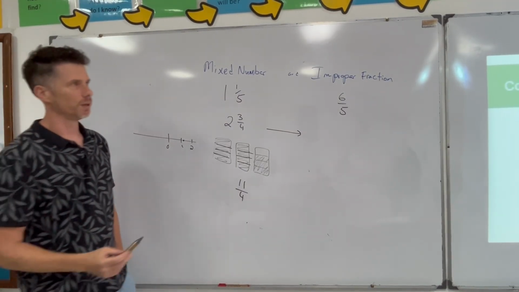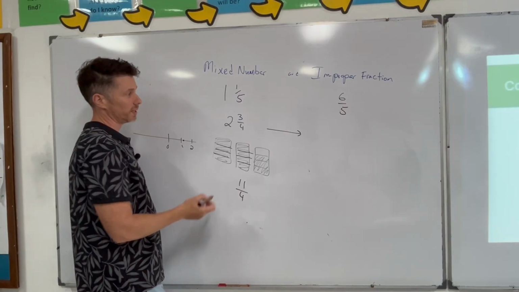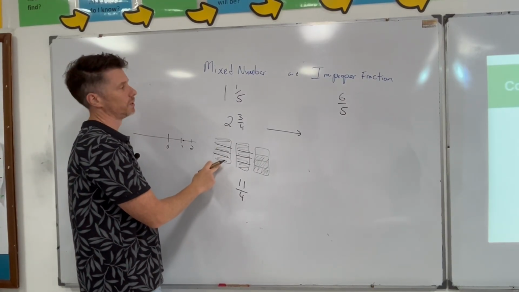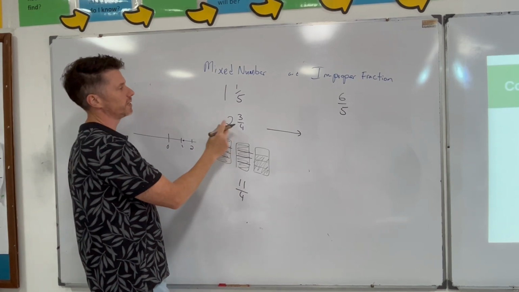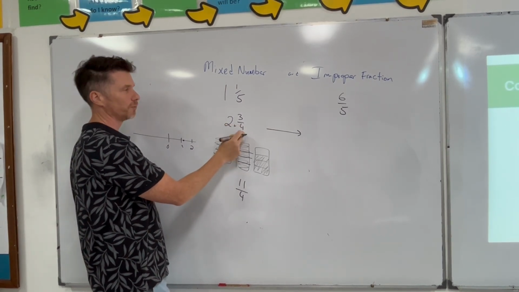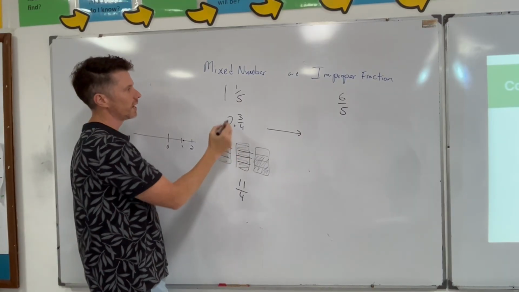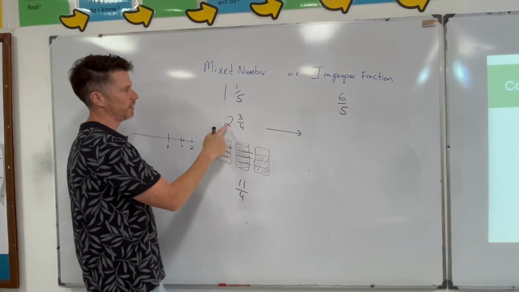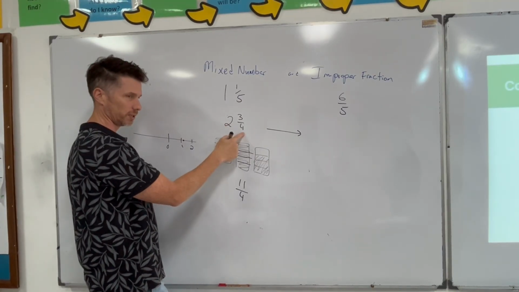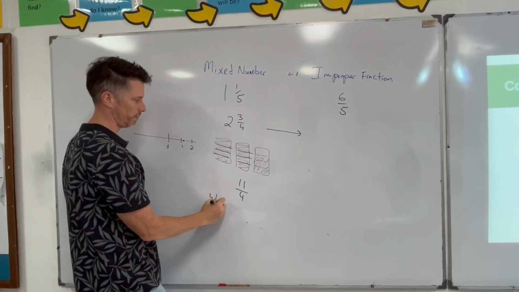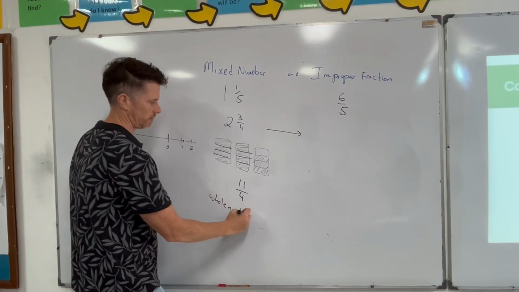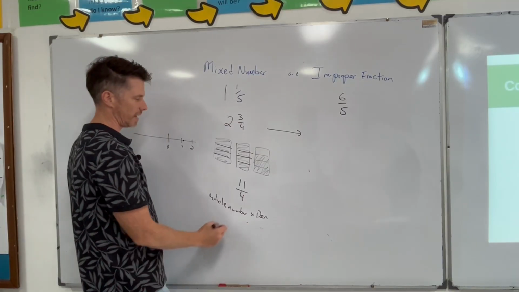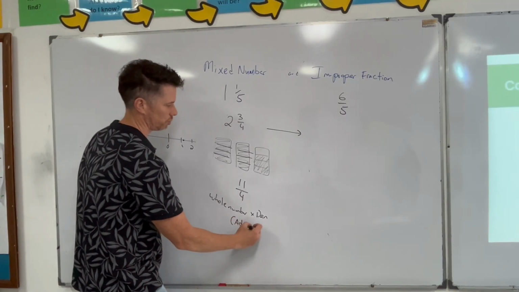11/4. Well, there's the short way of doing that and say, well, I've got 2 4/4s. So what you do is you think, all right, this 2 can be multiplied by the 4 to say I have 2 4/4s. And then I can add that number to the top of the fraction. So I multiply the whole number by the denominator, so whole number times denominator, and then add to numerator.